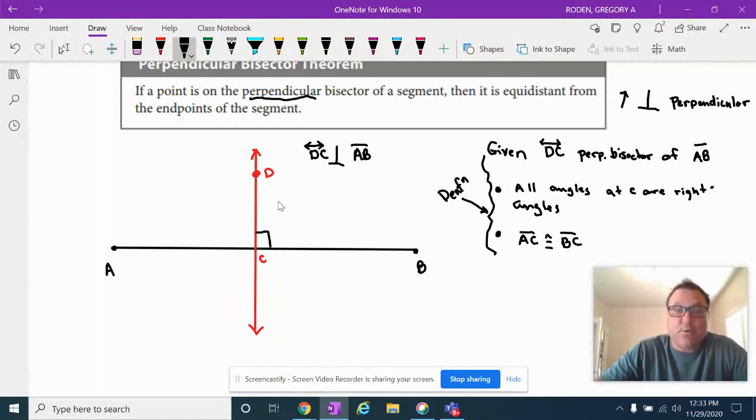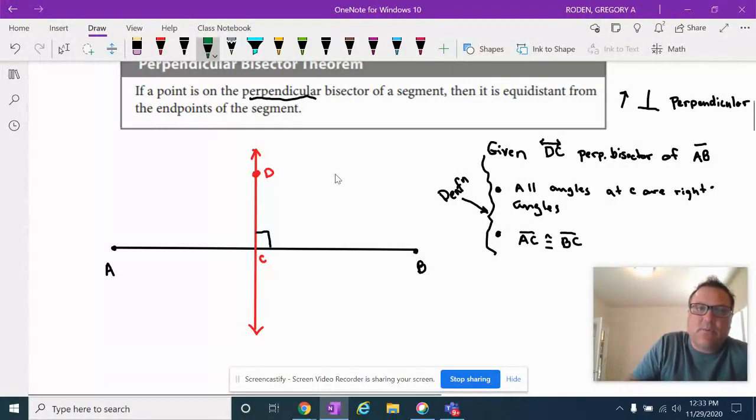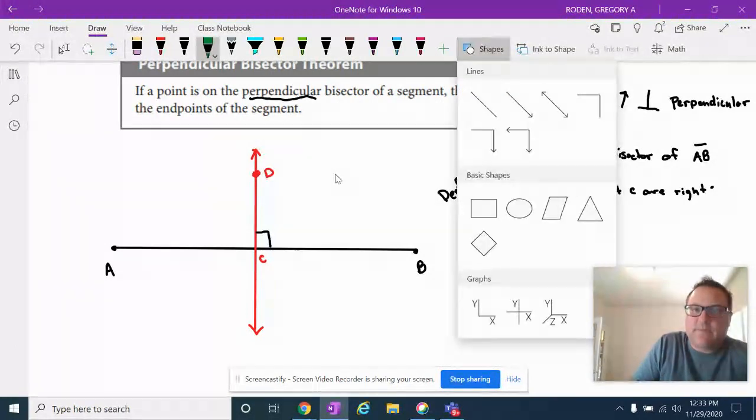Okay, so just a couple side notes here. This is what you're given from the definition. Now, what do you get from the theorem? You get two, or one, however you look at it, very important pieces of information.